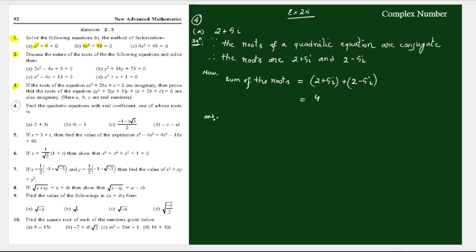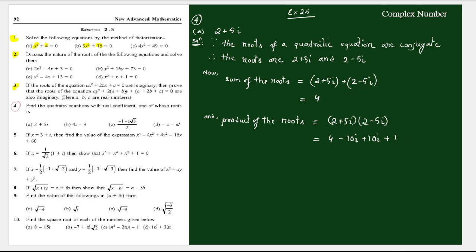And product of the roots equal क्या है? मल्टीप्लाई करो 2 plus 5i, 2 minus 5i. So 2 2s are 4 minus 10i plus 10i plus this.